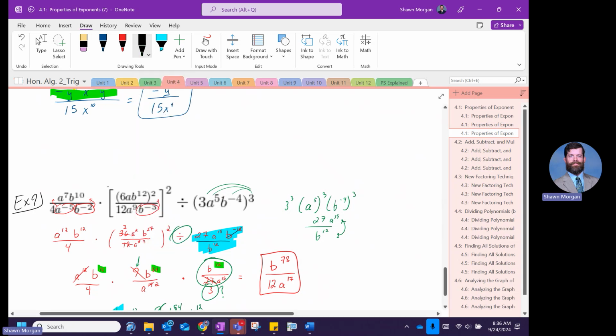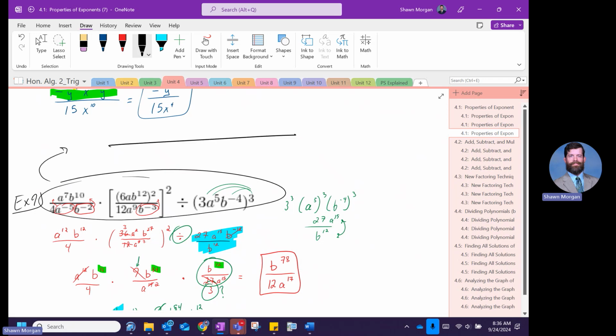But I wouldn't want to just take all of this jibber jabber and write it as one big fat fraction, a to the 7, b to the 10, 6 squared squared, a squared squared, b to the 12 to the, so b to the 48, and then you'd flip this at b to the 12, 27, a to, I don't think I'd really want to do this, just because for my money, that seems like that would be a lot.